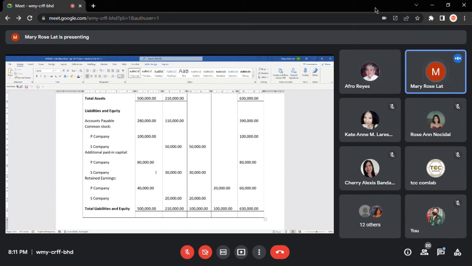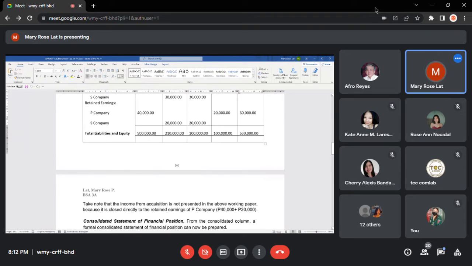Additional paid in capital: P Company 80,000 with a consolidated amount of 80,000, S Company 30,000 with a 30,000. Retained earnings: P Company 40,000 with a consolidated amount of 60,000, S Company 20,000. The total liabilities and equity of P Company is 500,000 while the S Company is 210,000, with a consolidated amount of 630,000.